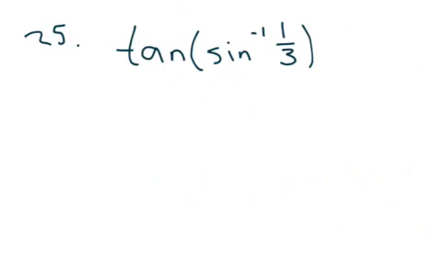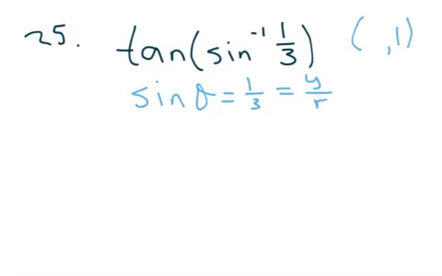Let's try another one. Let's try 25. We have secant of sine inverse of 1/3, so sine of theta equals 1/3. And we know sine is y over r. We know that r is 3 and y is 1. But we don't have our x. And we know tan of theta equals y over x.